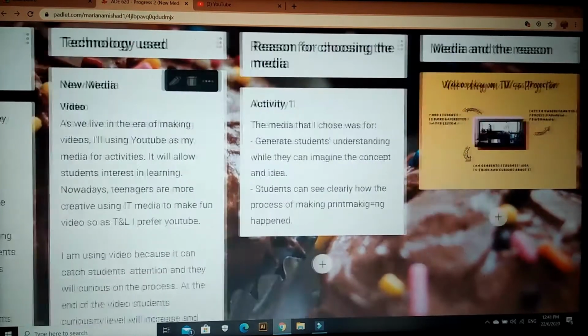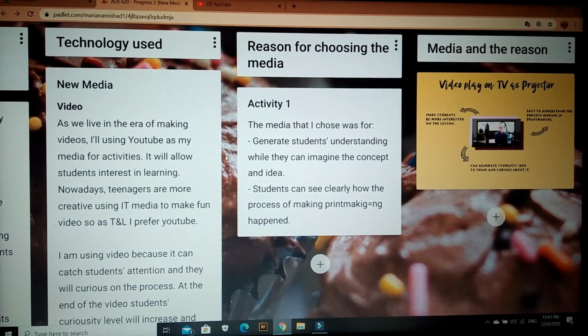So next is the reason for choosing the media. The media that I chose was, first, to generate students' understanding while they can imagine the concept and idea, and second, the students can see clearly how the process of printmaking happens.